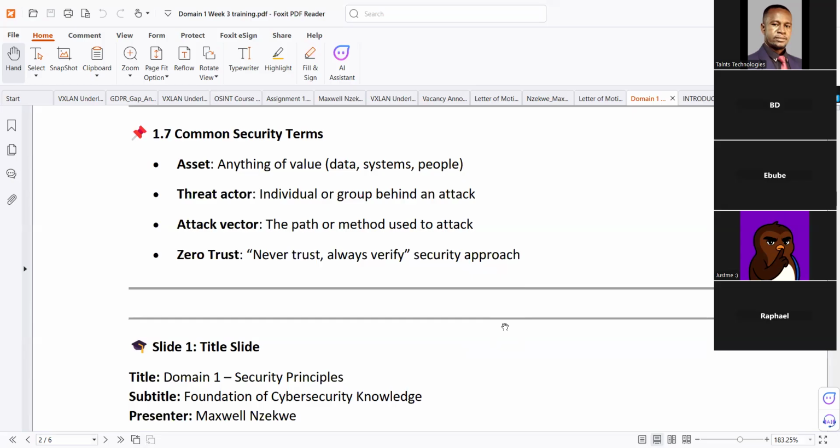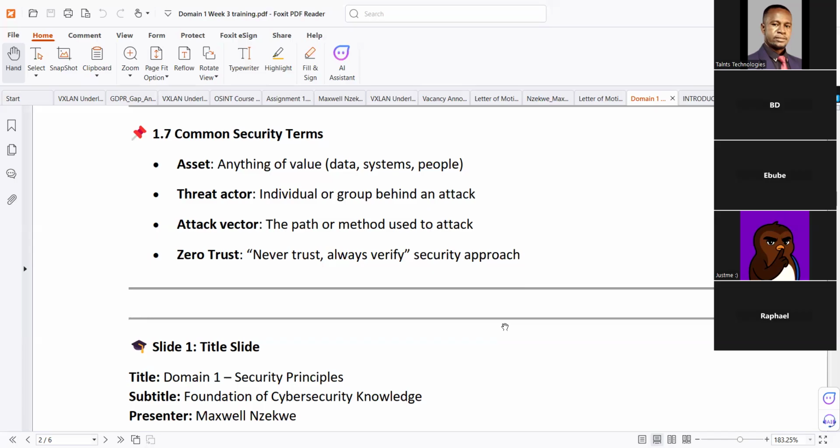So, what is an asset? What is an asset? An asset is anything of value. Of course, people are assets. Your phone is an asset. Your data is an asset. The things you value much are assets. Your children, your wife, your parents, they are your assets. Anything of value is an asset.